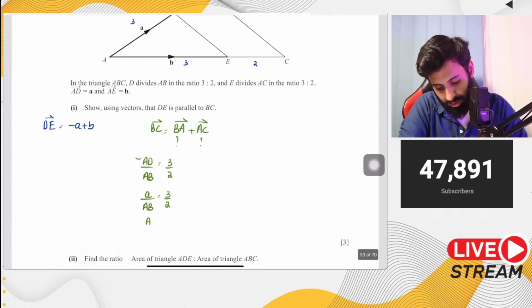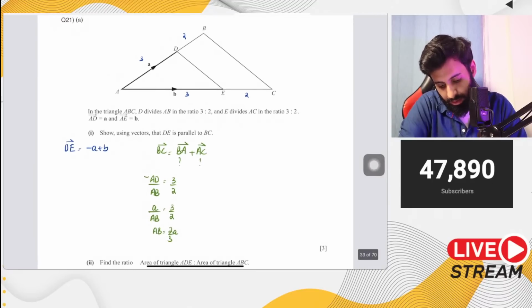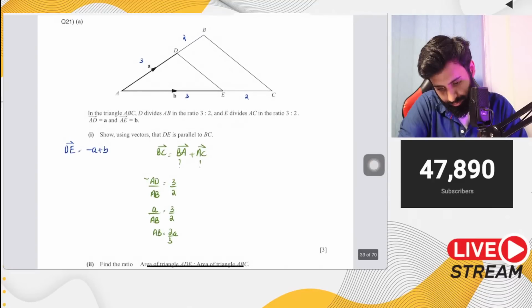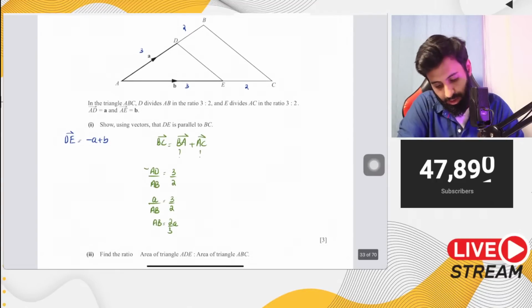AB equals 2/3 of a. No, wait a minute. Sorry, not AD and AB. AD and AB are in the ratio 3:5. Now, why 3:5? Let me explain that.